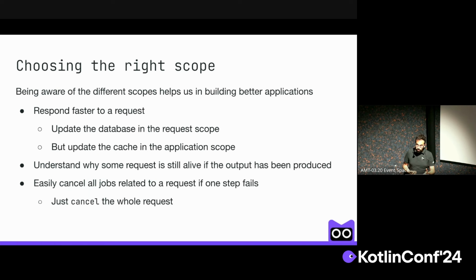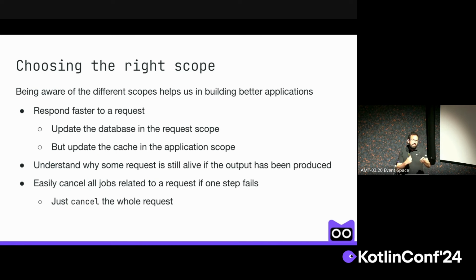Sometimes it's also interesting because it seems that you have actually given all the information through the wire, but still the request is somehow going on. And in many cases, this is because the request is still alive, because even though the information has been produced, there is some job which has been launched, which is still running.